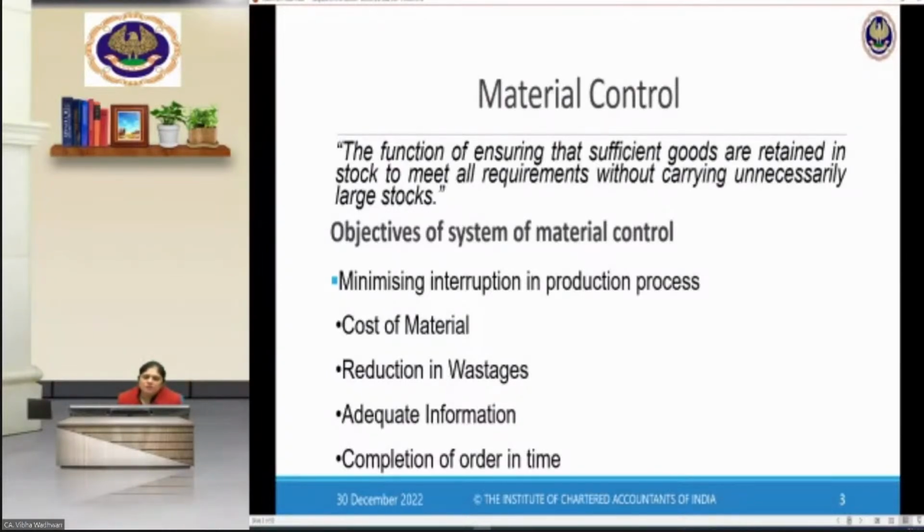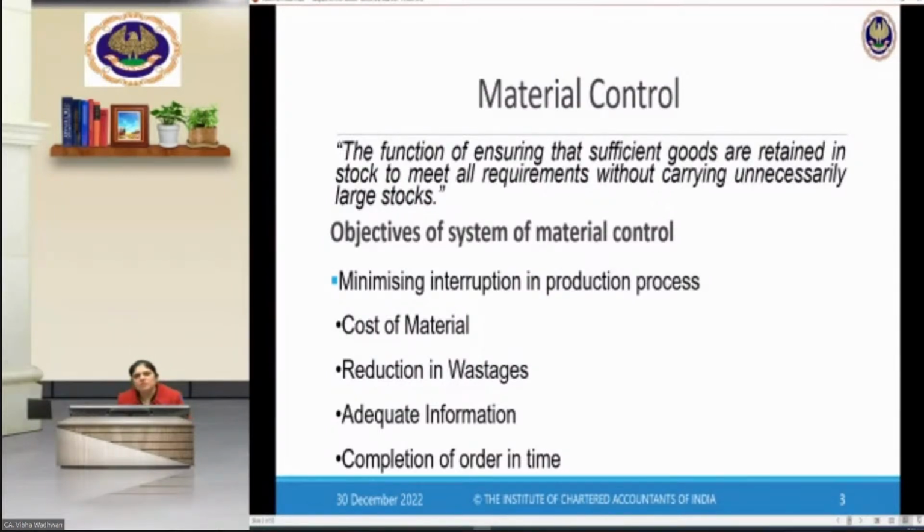Objectives of material control: minimizing interruption in the production process. There should always be sufficient stock in inventory so that production goes on smoothly. Cost of material is a very important aspect to deal with, because from whom to purchase, from where to purchase, how much to purchase, and then, when purchased, how to store them, everything leads to the cost of material.